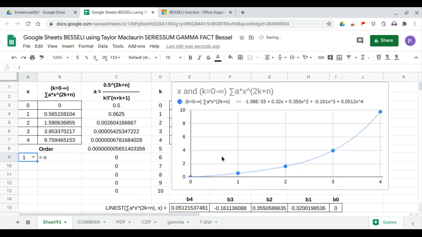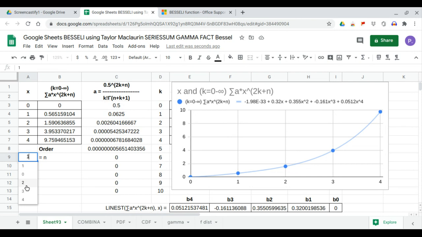For the order of 1, B0 is negative 1.98 times 10 to the minus 33. B1 is 0.32, B2 is 0.355, B3 is negative 0.0161, and B4 is 0.05.